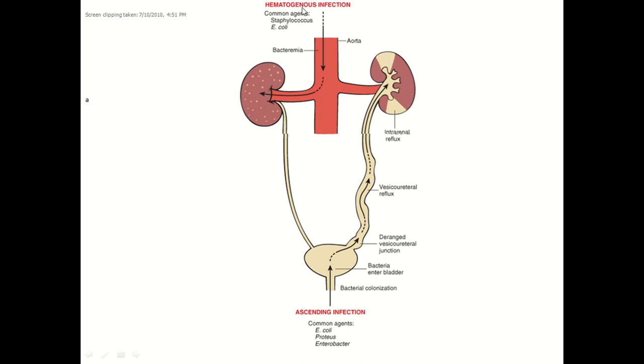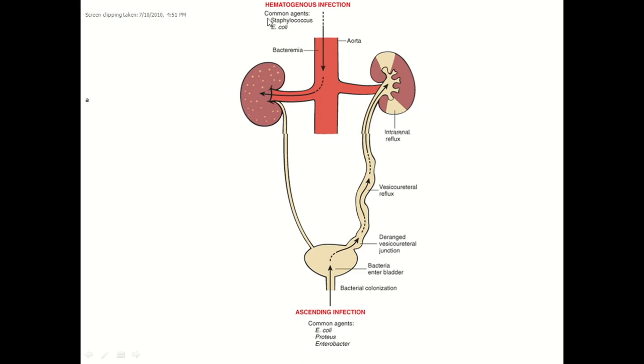In this diagram, you can see the kidney, and here the lower urinary tract: urethra, bladder, ureter. In ascending infections, bacteria gain entry from the urethra into the bladder, and from the bladder, with the help of vesicoureteral reflux, may reach the upper side and enter the kidney substance.